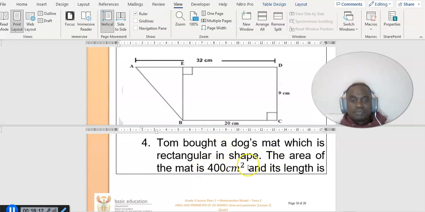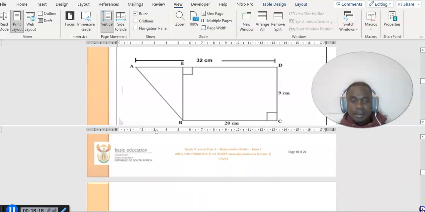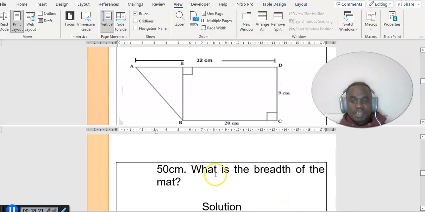The area of the mat is 400 centimeters square and its length is 50 centimeters. What is the breadth of the mat?